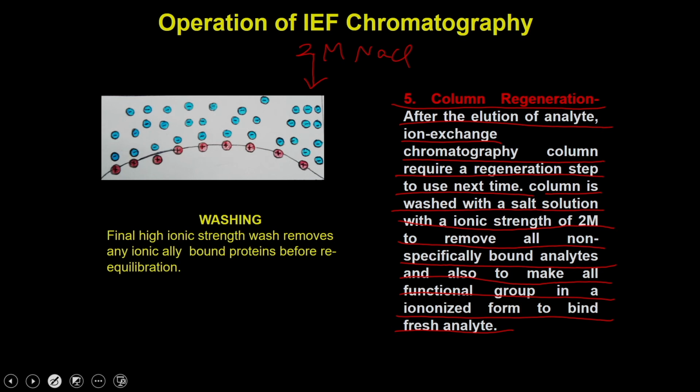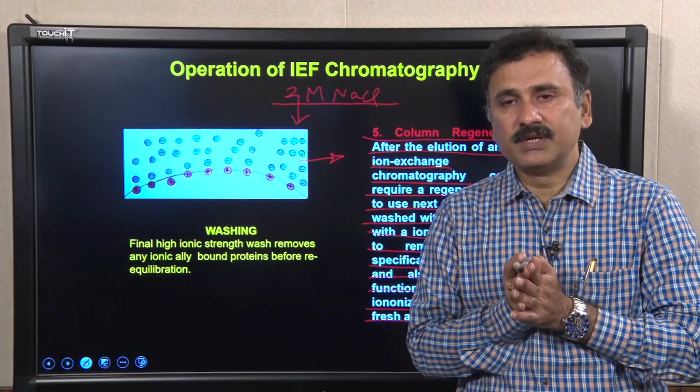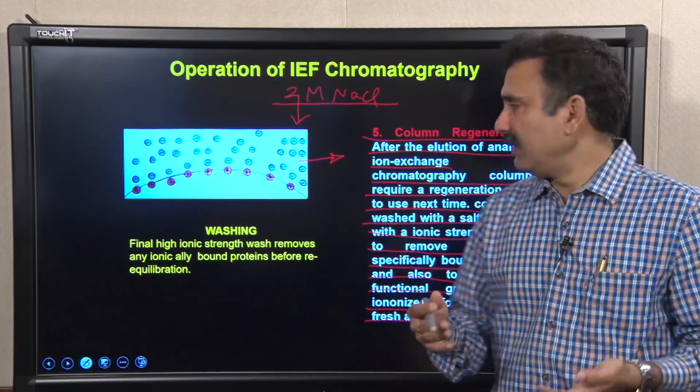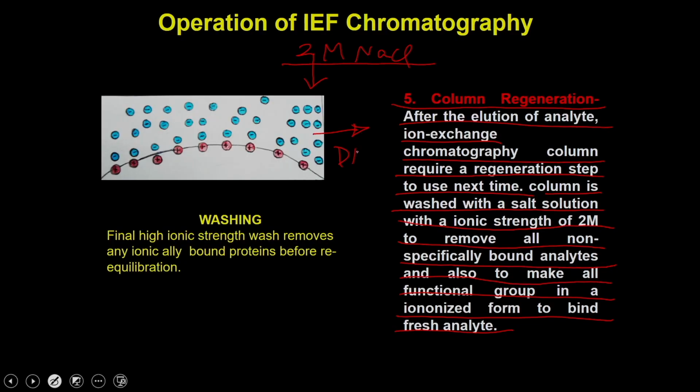Once you wash it with the 2 molar NaCl, it is going to remove all the proteins, as well as other biological molecules which are not desirable but are bound. For example, one of the things which binds to most ion exchange matrices is DNA, because DNA is negatively charged.